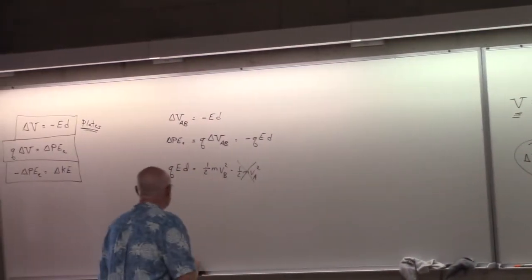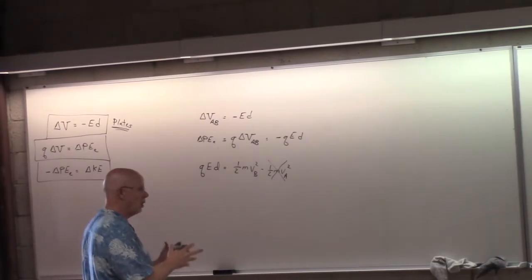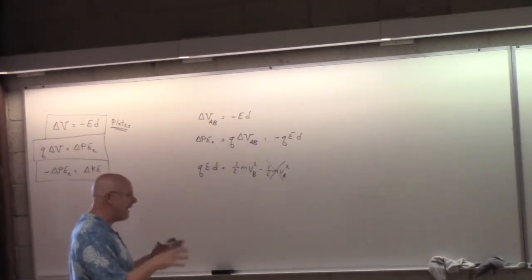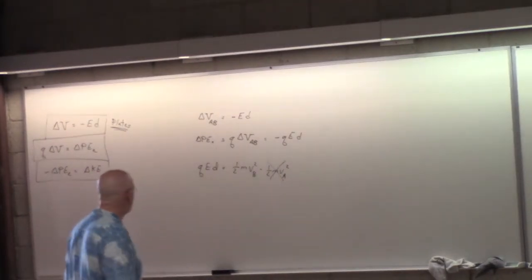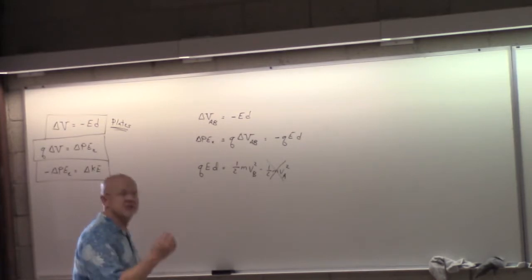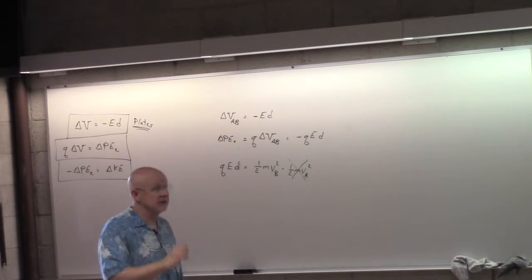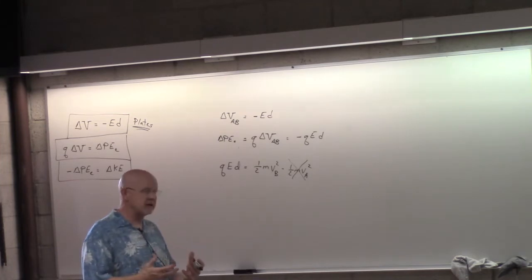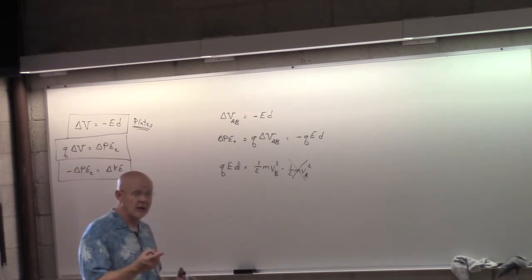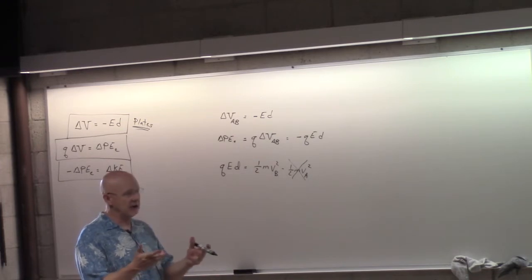In fact, a lot of the things we work with, these little tiny charged particles, are very small. And because they're small, they don't have much mass. And because they don't have much mass, they go very fast, and they really have very little energy.